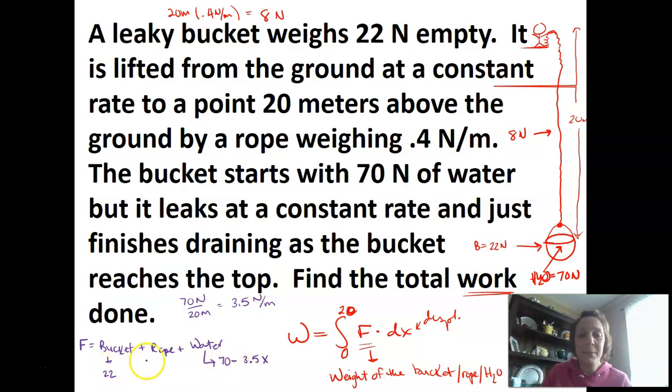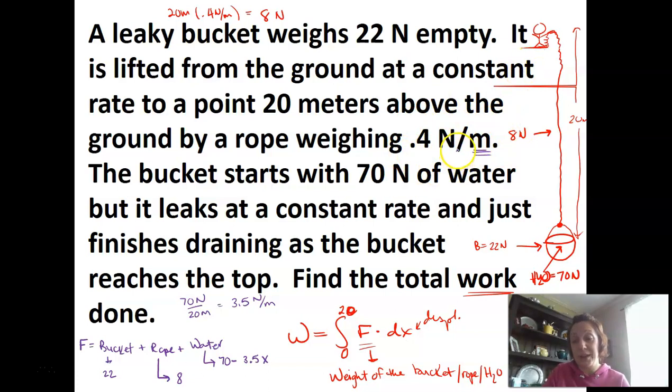Same thing is going to happen with my rope. I'm starting with a weight of 8 newtons. But the further up I pull it, I'm losing some of that weight. Here I don't even have to do a calculation. I know that every meter of rope I pull up, I'm losing 0.4 newtons of weight.